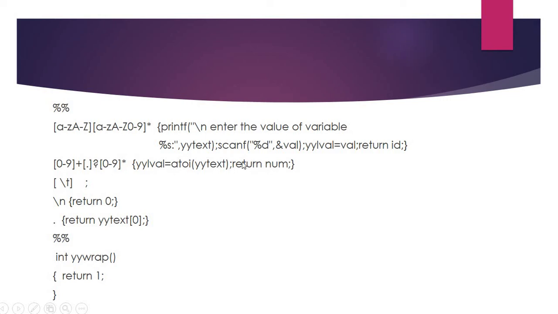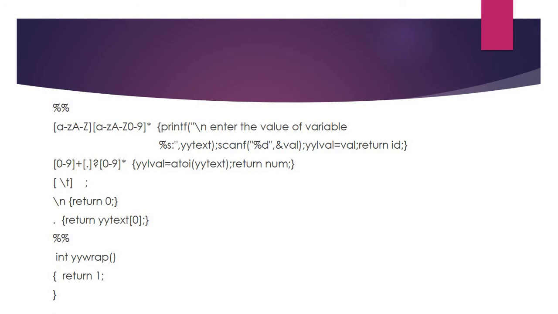Then if a number is recognized, immediately we return the token number. If there are any tab or space characters recognized, we don't do anything. And if a newline character is there, it will return 0.